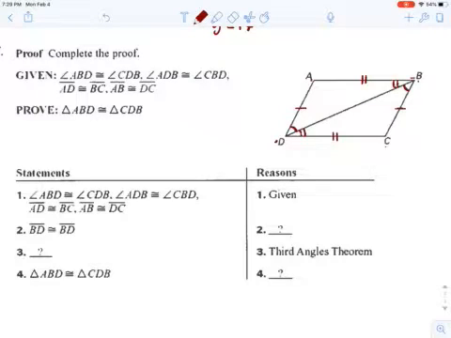Prove that the triangles are congruent. Prove that triangle ABD is congruent to triangle CBD.